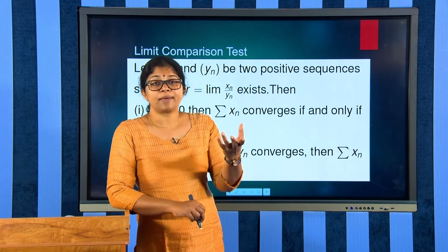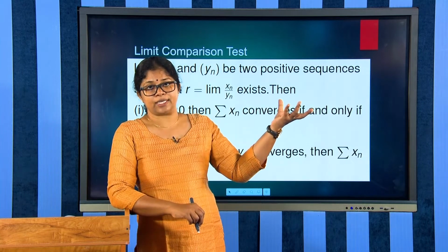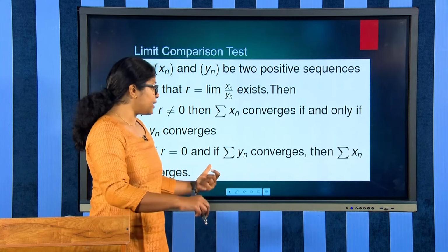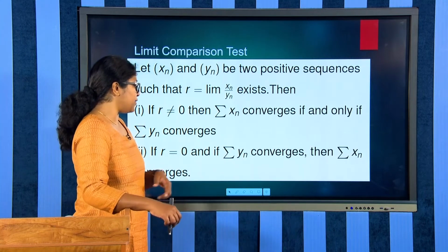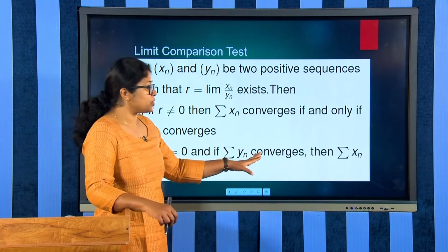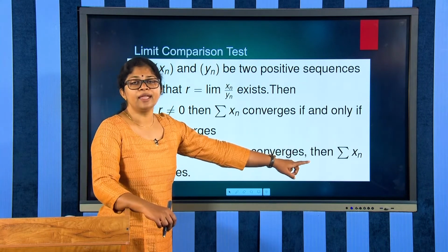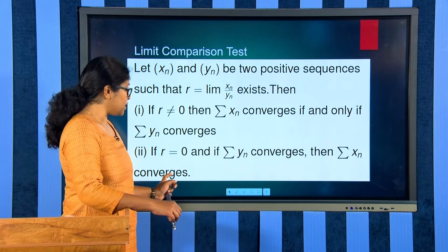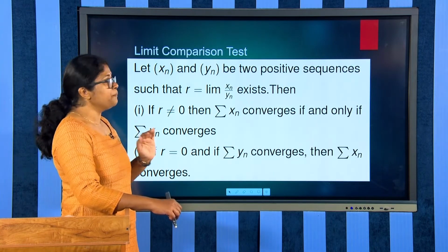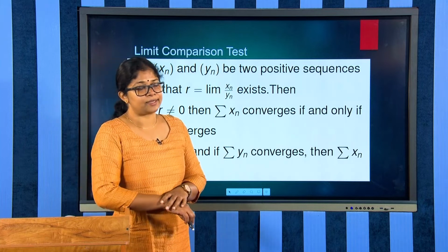So, obviously summation yn is the larger sum compared to summation xn. So, it is something like the direct comparison test. If r is equal to 0 and if the larger series converges, then definitely the smaller series also converges. So, that is what is meant in the limit comparison test.